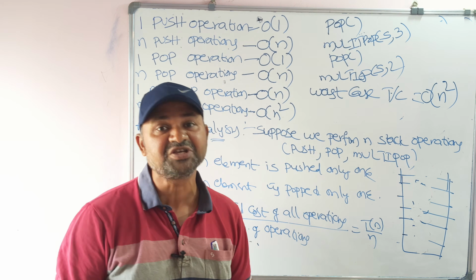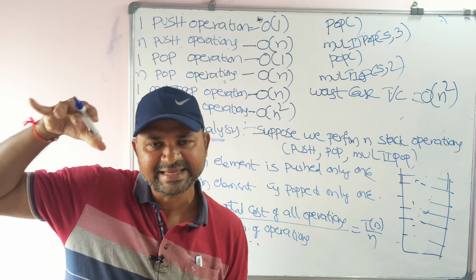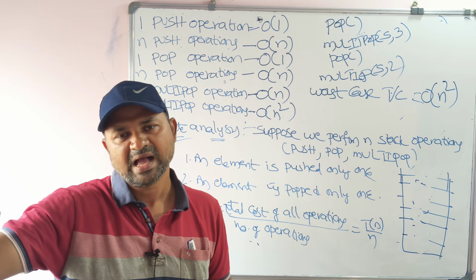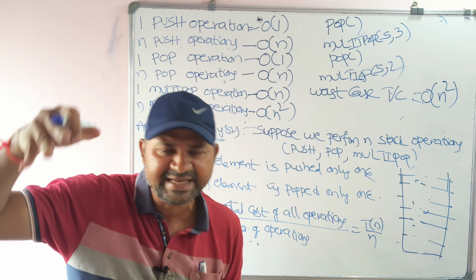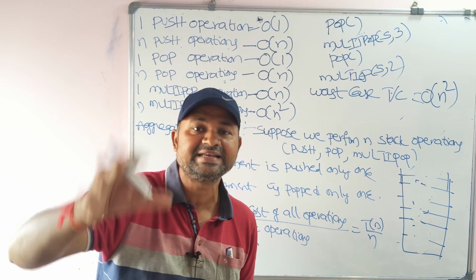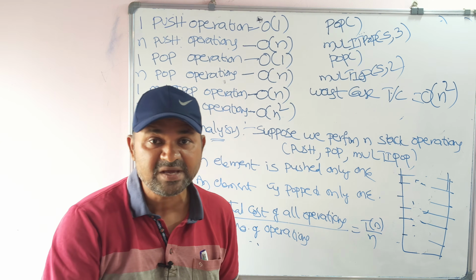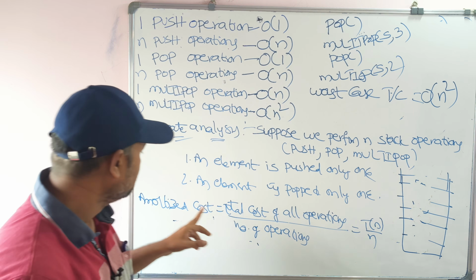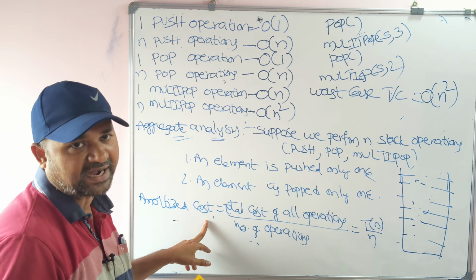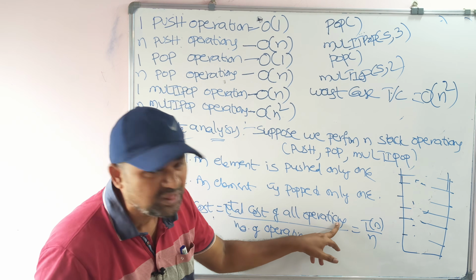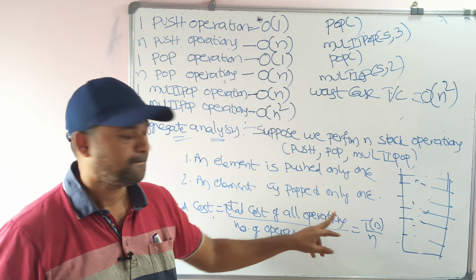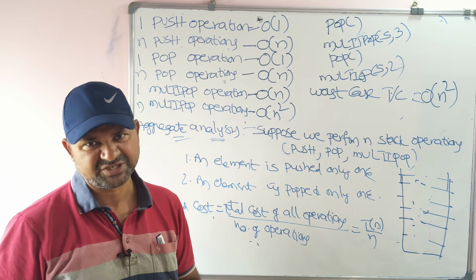So what is the cost here? We are inserting n elements into the stack and we are deleting the same number of elements from the stack. So the cost will be order of n. Let us calculate the amortized cost here. The formula is total cost of all the operations divided by number of operations.